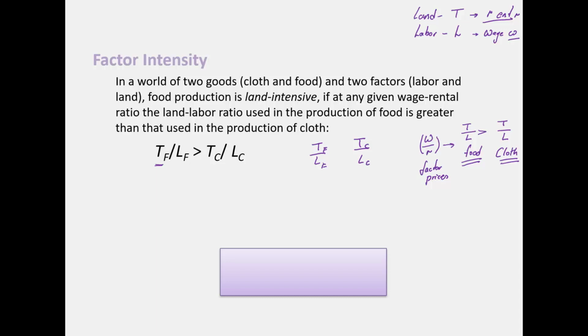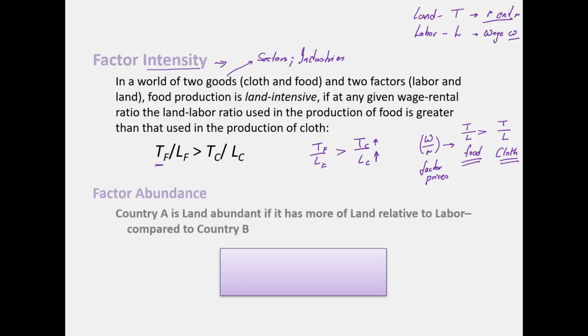So it is possible that cloth uses relatively more land and more labor compared to food, but the land by labor ratio is less for the cloth sector than for the food sector. The term abundance is used when we are referring to countries.